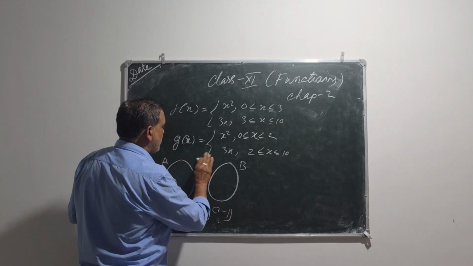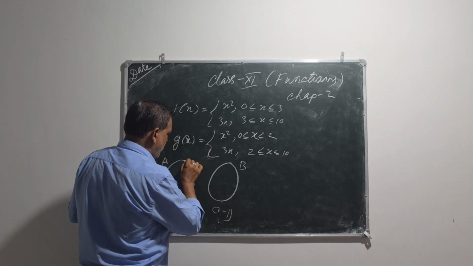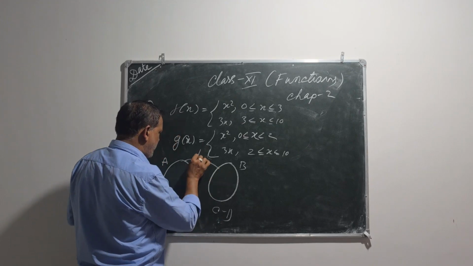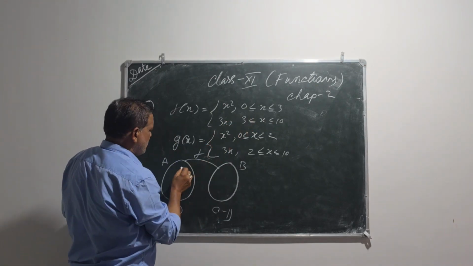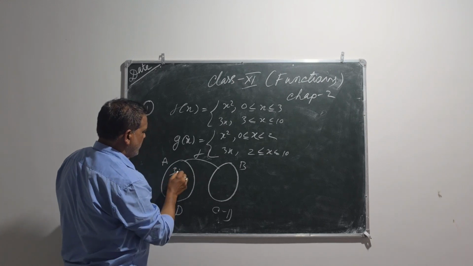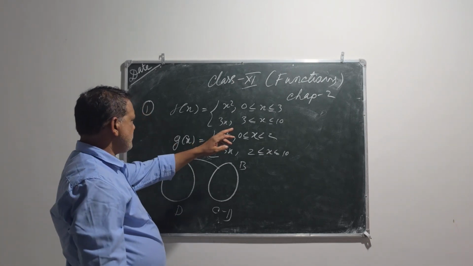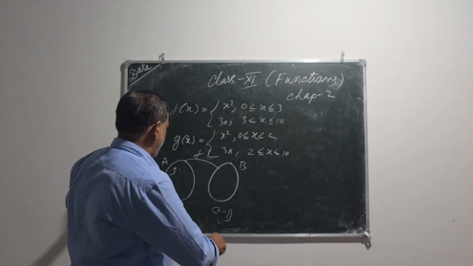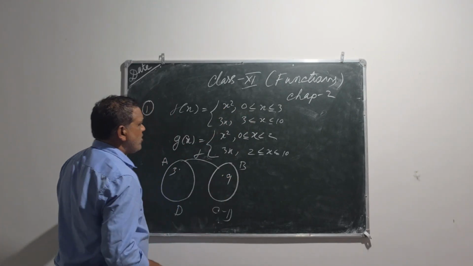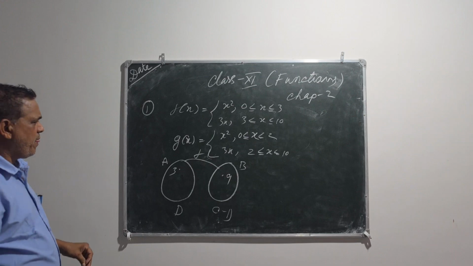So here f is a function from A to B. So if we substitute 3 here, then x equal to 3 implies 3 square is 9. In the codomain it will be 9.